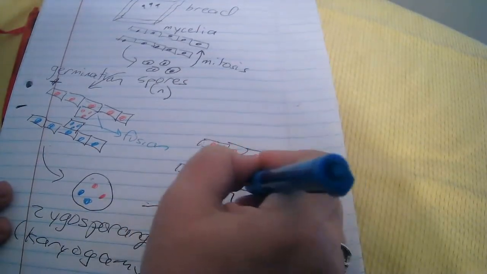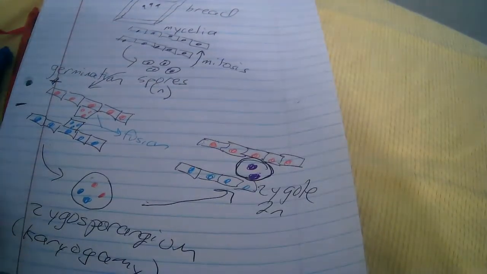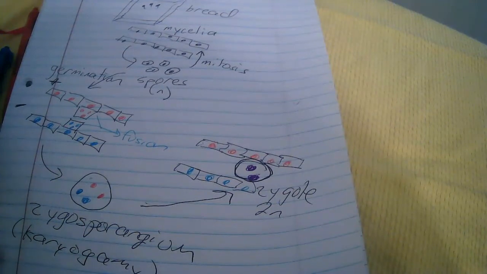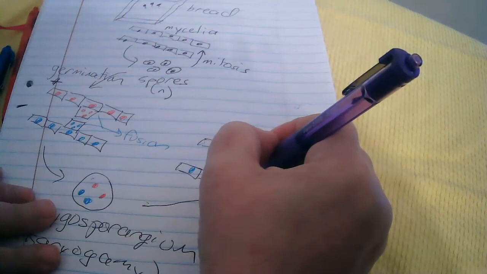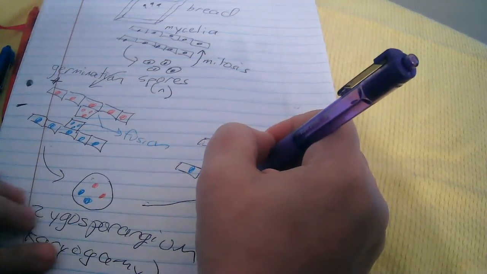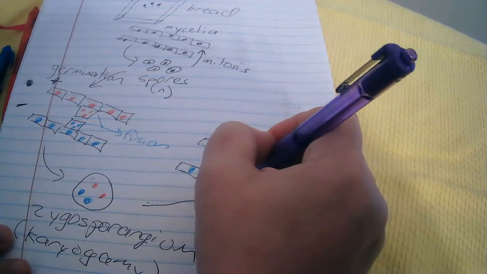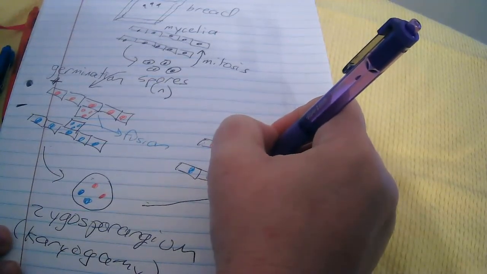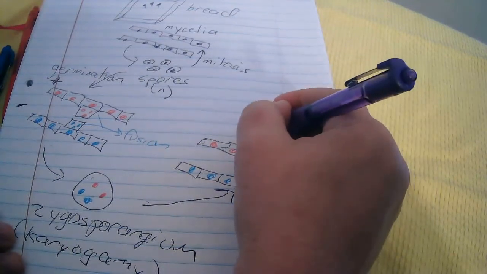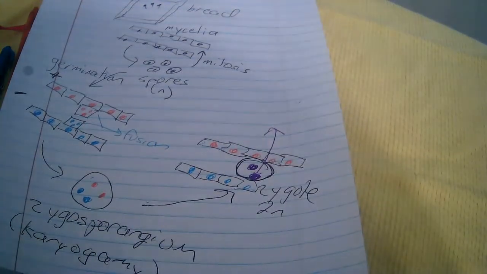So they're going to grow from the zygote, and then out from the zygote is going to grow the sporangium, and the sporangium will be purple because it's coming from the dikaryotic cell, the cell that has nuclei that have fused from different organisms.